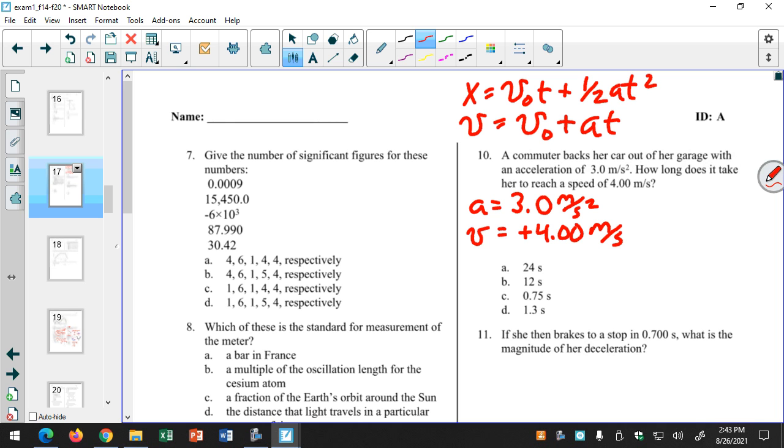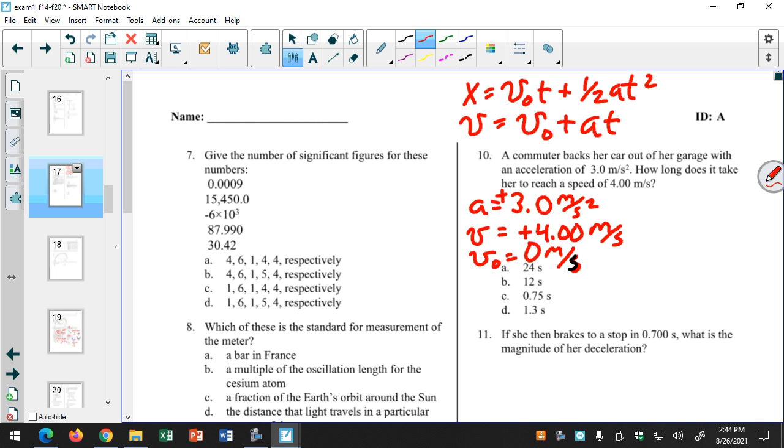I know that her acceleration and her velocity are in the same direction because she has an initial speed of 0. Actually, I can go and write that. She's initially at rest. She gets up to a speed of 4 meters per second, and so her acceleration has to be in the same direction because she's speeding up, going from 0 to 4. So I'm going to let my acceleration just be positive. Really, the only important thing is that the acceleration and the velocity are in the same direction.